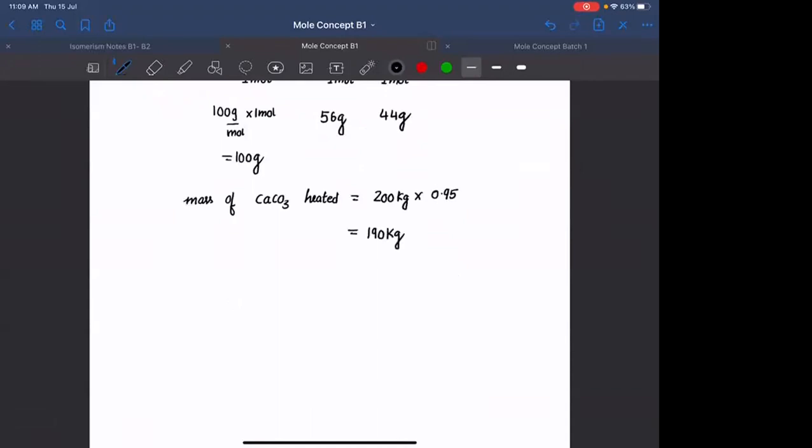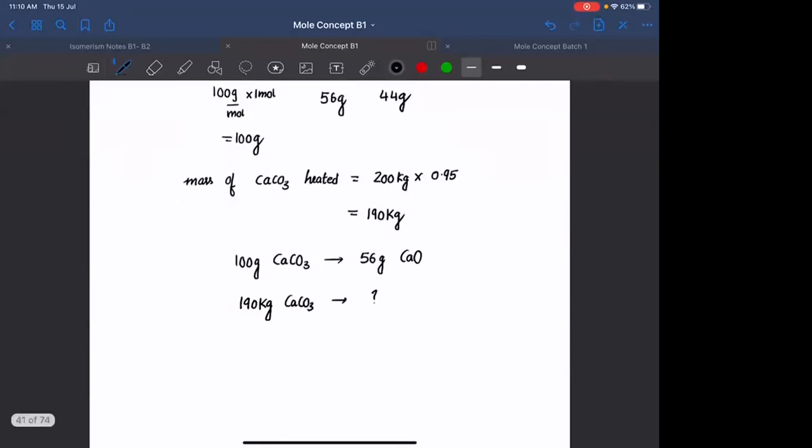So now you can do the analysis. If 100 grams of CaCO3 is giving me 56 grams of CaO, 190 kg of CaCO3 will give me how much amount of CaO?